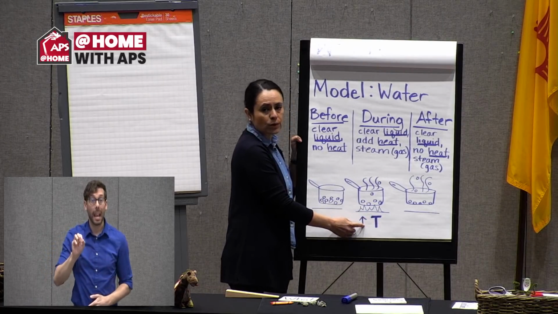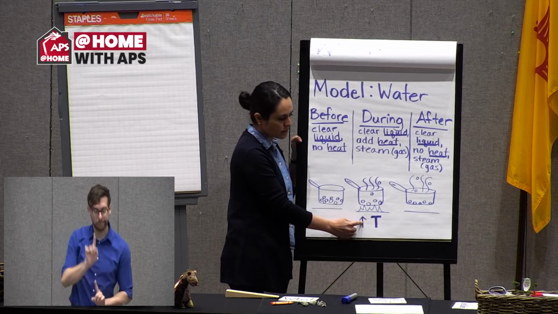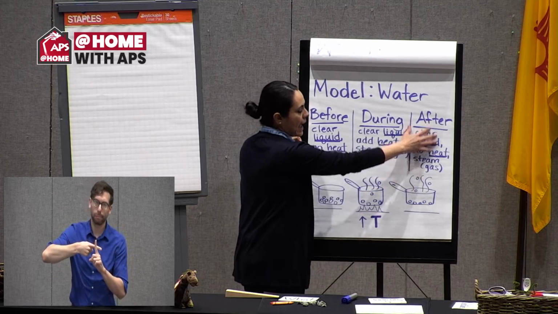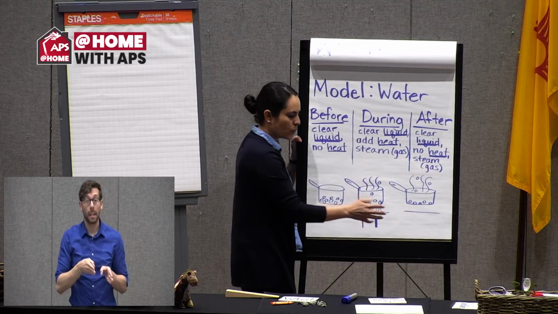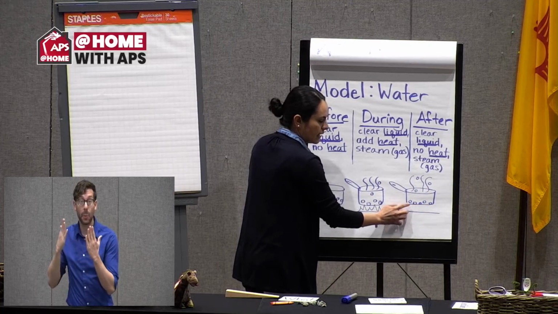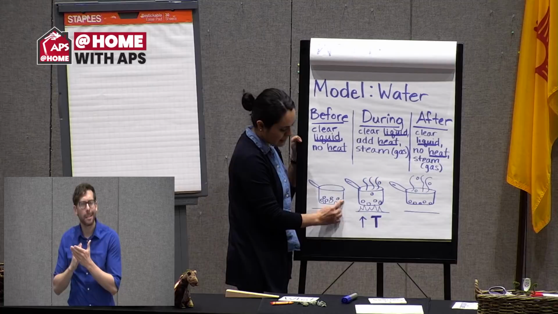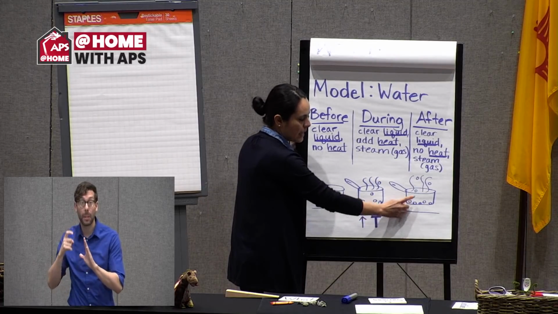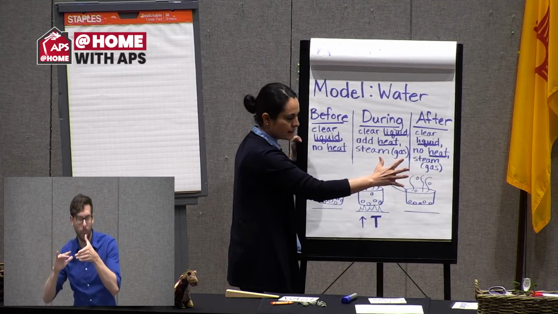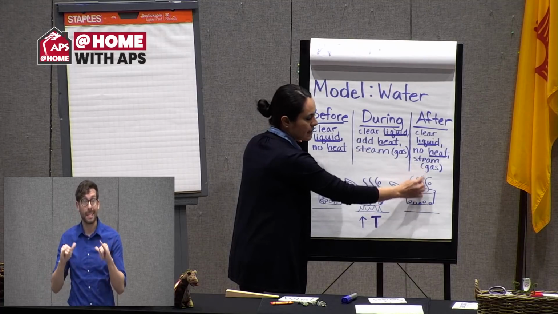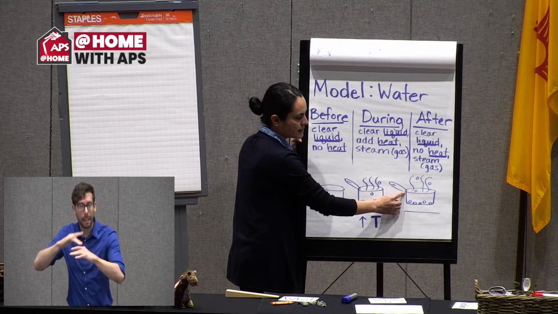I could have written the words out. I can use symbols. And then lastly, when I'm letting the water cool, I don't have any more heat. I still have some liquid, but I hope you can observe that I have less liquid than what I started with. I still have some gas in the form of steam with my wavy lines.